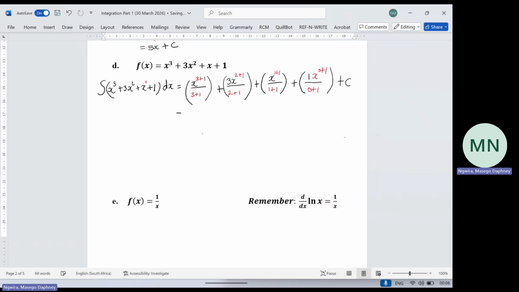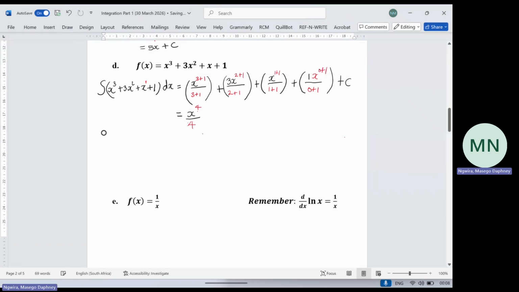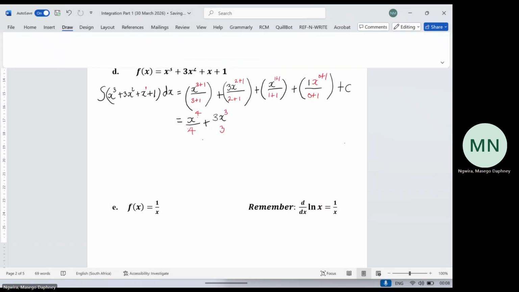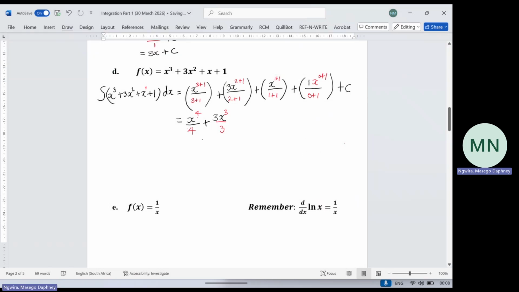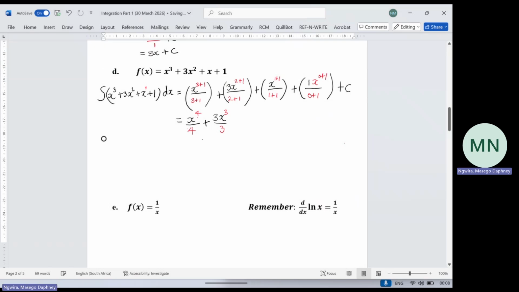And then we are going to have here, it's x to the power of 3 plus 1, it's 4. So we're going to have x to the power of 4, then over 4. All right? Then plus, and this is 3x, and then 2 plus 1, it's 3. So we're going to have 3, then over 3. Okay, and then plus, and then we have x to the power of 1 plus 1, it's 2.